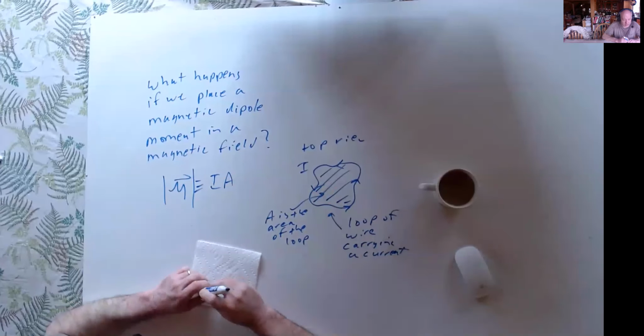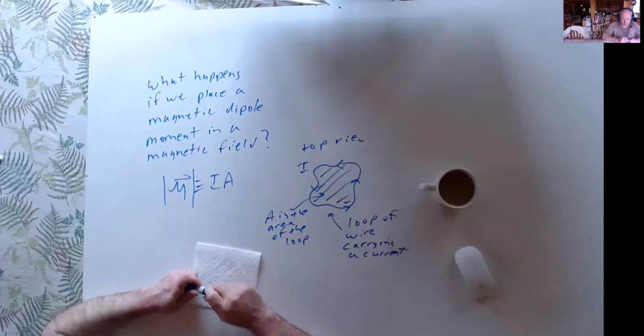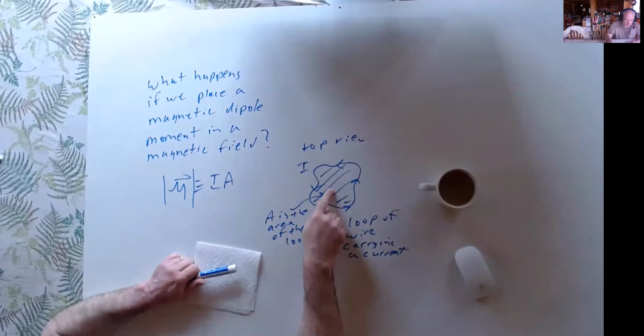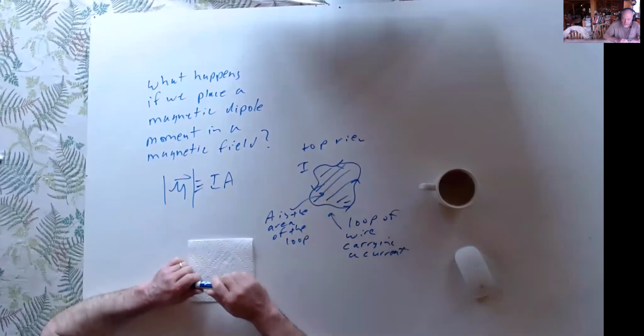Now, we also had a right-hand rule for that. What was our right-hand rule for the magnetic moment? In other words, if this is our magnetic dipole moment, what is going to be the direction of the mu for this?